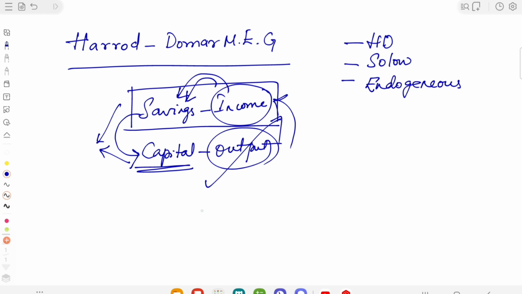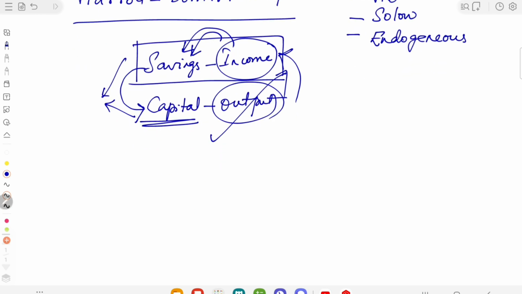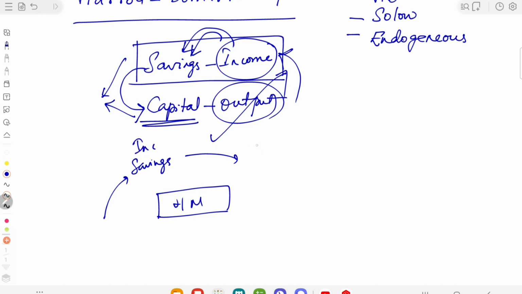You can even describe it in a small pictorial way. How will we write the Harrod-Domar model? If your savings increase, it will increase investments.